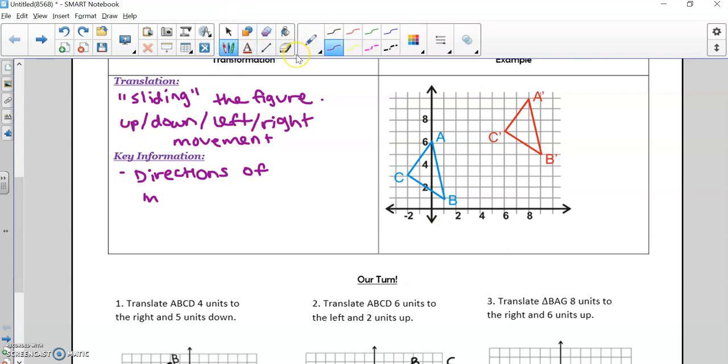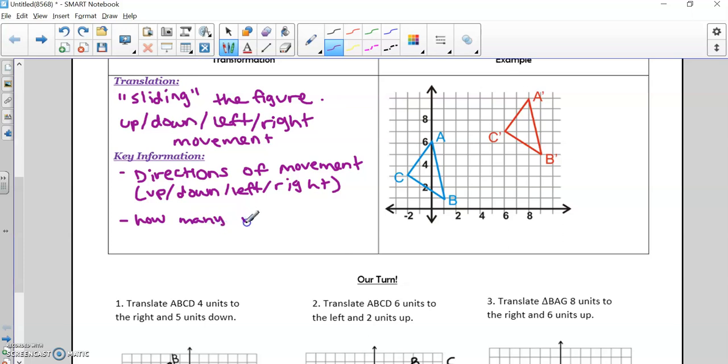Alright, I'm just going to stop fidgeting with this. Okay, and again, that's up, down, left, and right. Okay, that's one part, and then the other part is how many units it's moving. And you'll see what I mean by that in just a second.